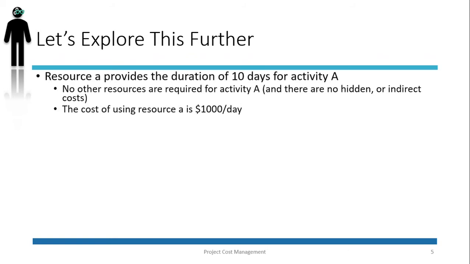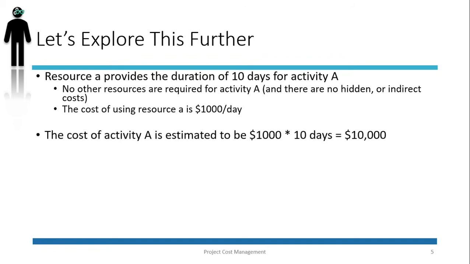Let's imagine resource A, or subject matter expert A, provides a duration of 10 days for activity A. Assuming that no other resources are required to perform this activity, and there are no hidden costs or indirect costs associated with it, and assuming that the cost of our SME, the person who provided this estimation, is $1,000 per day, the cost of this particular activity will be estimated to be $10,000. $1,000 times 10 days, $10,000.